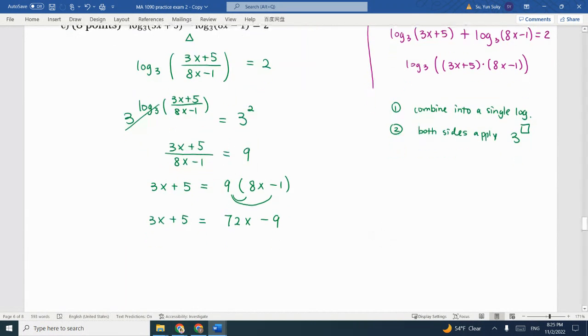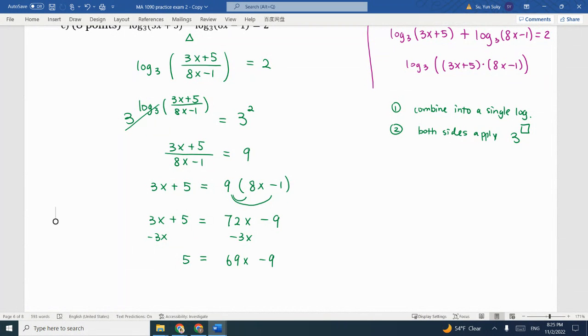Okay, so we want to move all the x terms to one side and the constant terms to the other side. Because 72x is bigger than 3x, it's better to subtract 3x on both sides. Then we get 5 equals 72 minus 3, which is 69x, minus 9.